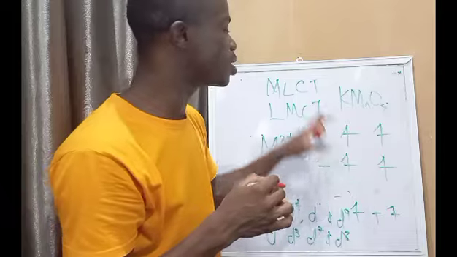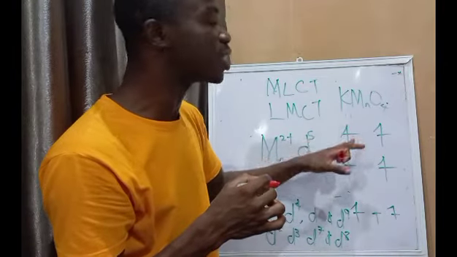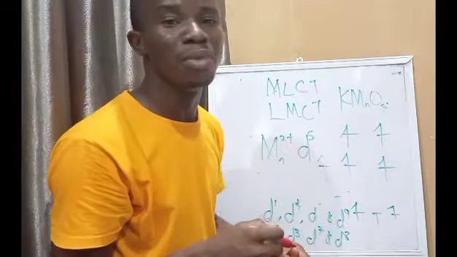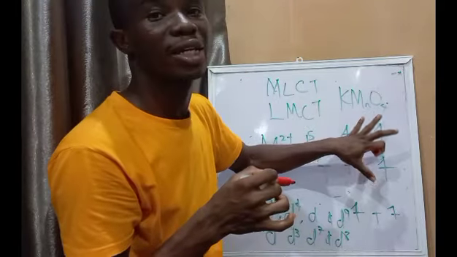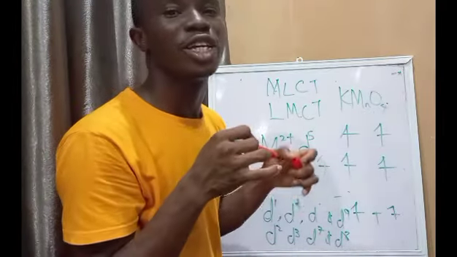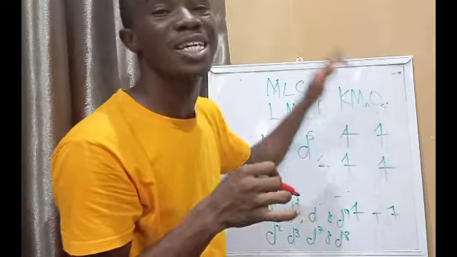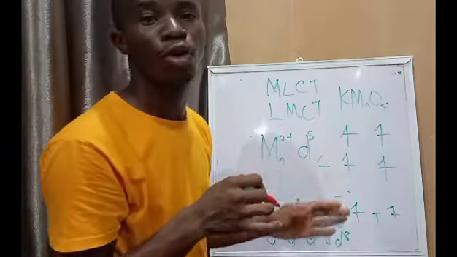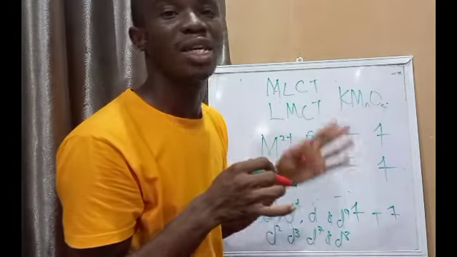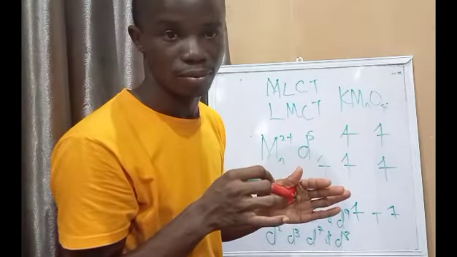In this particular case, the d orbitals are half filled, and that makes them a bit stable. So we don't expect a d-to-d transition, because the Mn2+ d orbital is a stable orbital.